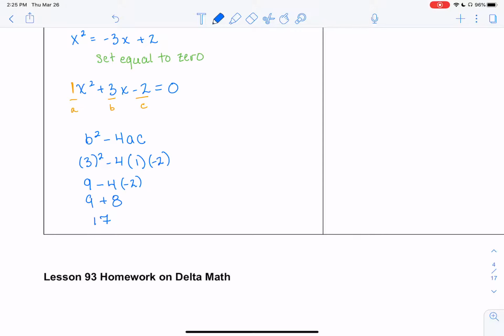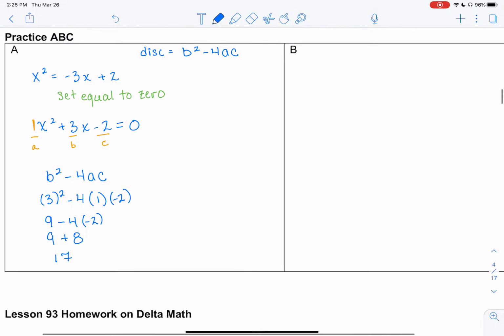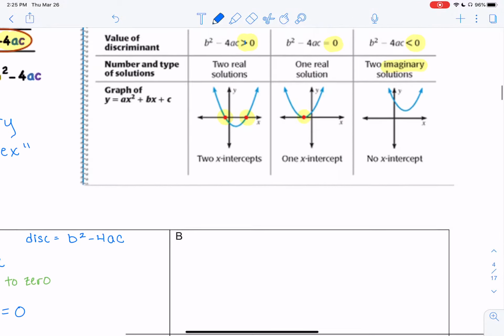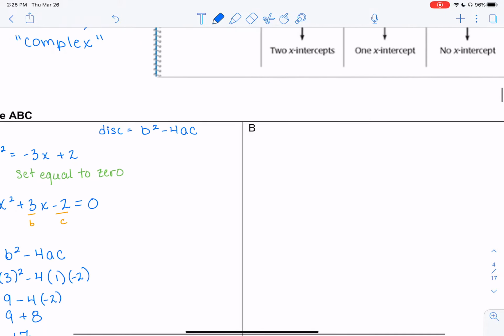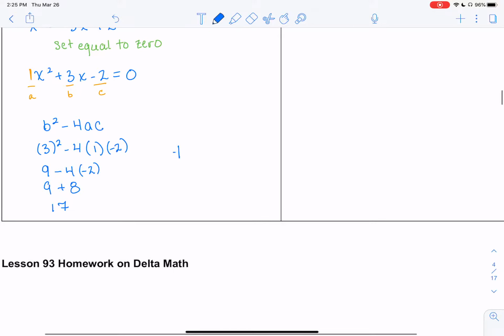I don't highlight or box that in. I am using that information to find out if it's positive, 0, or negative. It's a positive value for the discriminant. So, remember from the chart up here, when I have a positive value, I'm going to have two real solutions. So what I write is two real solutions, and that is what gets boxed in, based off of the fact that I had a positive discriminant.